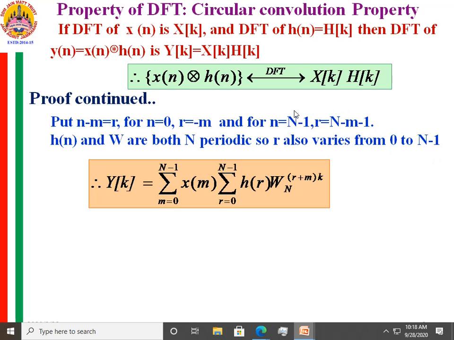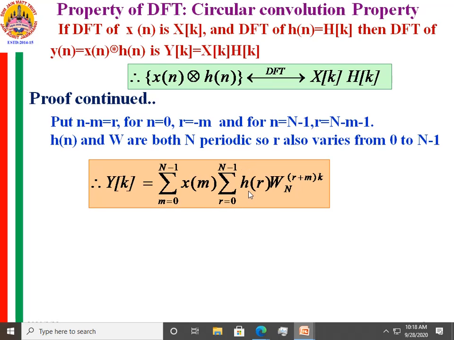This is a total of N terms, 0 to N minus 1, that is N number of samples we need to take into consideration while evaluating this summation. Why do we take this?